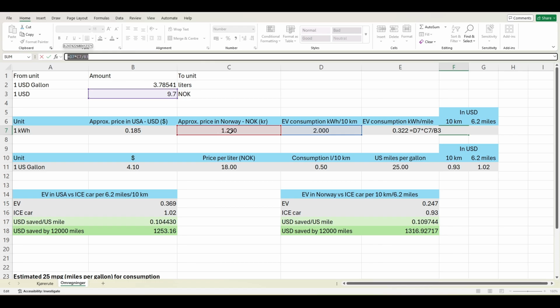So the Norwegian kroner per kilowatt hour, and then you multiply it by the consumption, and then we divide it by 9.7 to get it in USD.